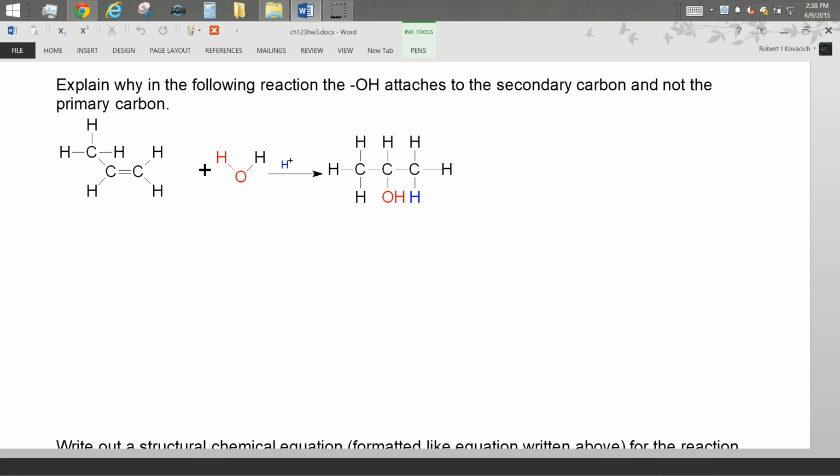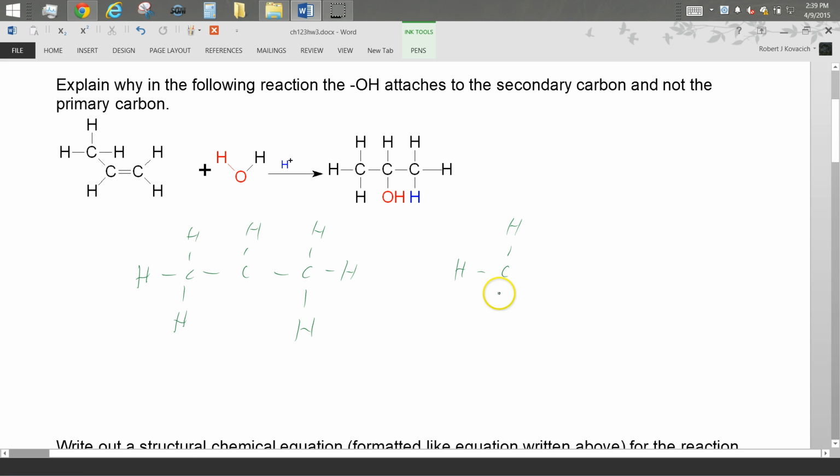No. When you drew it, didn't you say there was, and I did not write this down, so this is by memory and could be wrong, but it seems like we were saying there is 9 electrons attracting, and I don't know how we got 9, but where there was less on the end carbon than there was on the secondary.